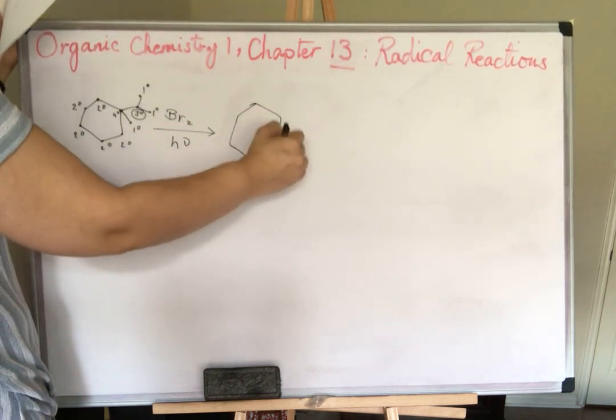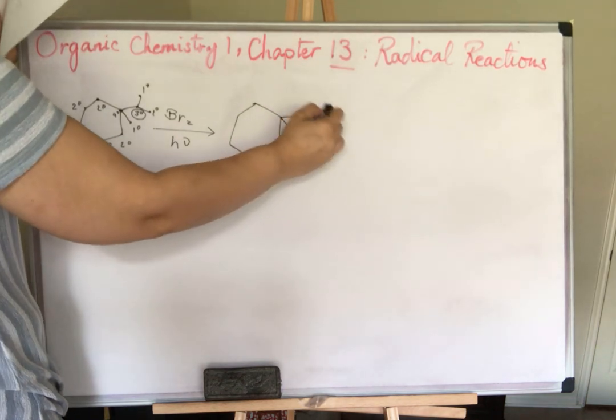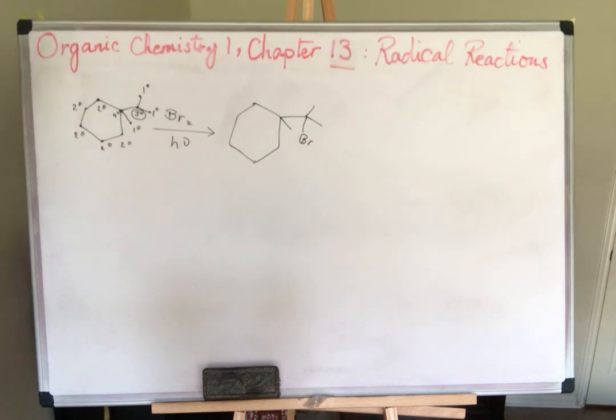The one that is formed from more stable radical. So you have a bromine here. Okay? And the rest of this chapter we will work on allylic bromination, and here it is. Allylic bromination.